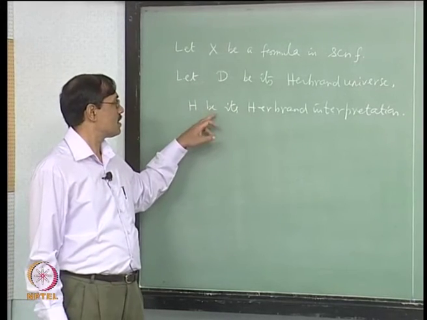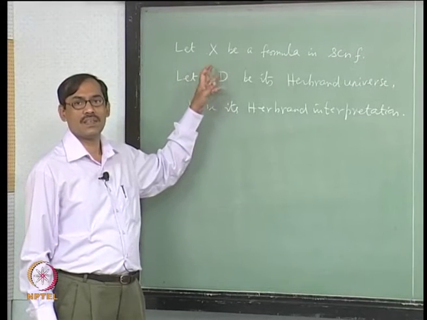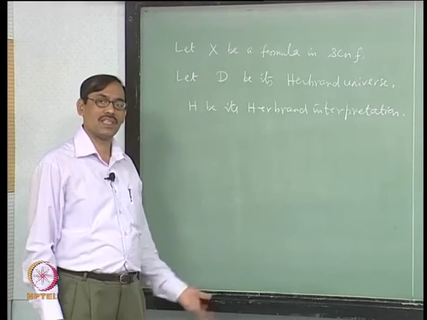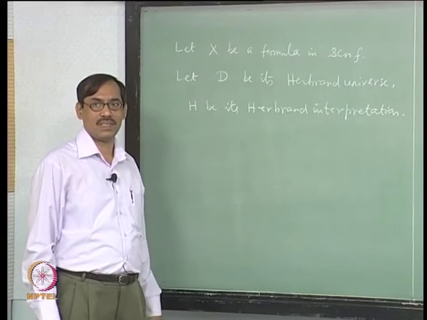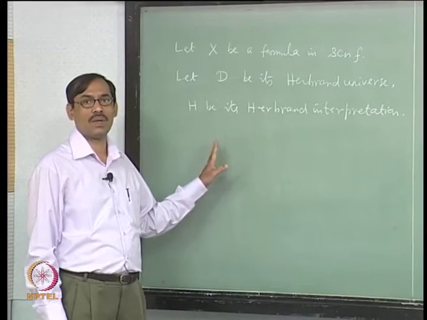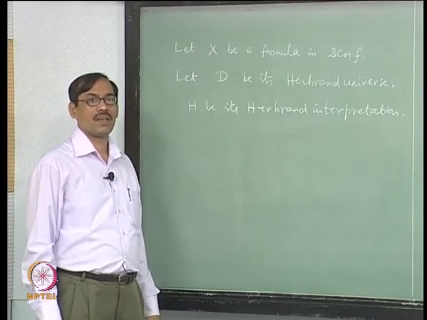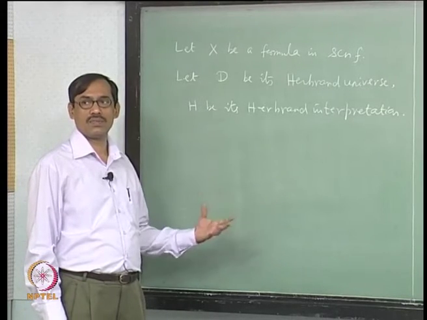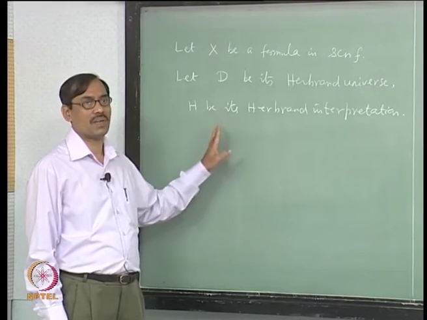But then here we do not need these functions to be interpreted, because the domain or the universe itself is having the terms. So, f is just interpreted as f, and any predicate p is also interpreted as p. So, we do not need the Herbrand map to specify those things, but we need it to specify whether any atomic formula is true or false.